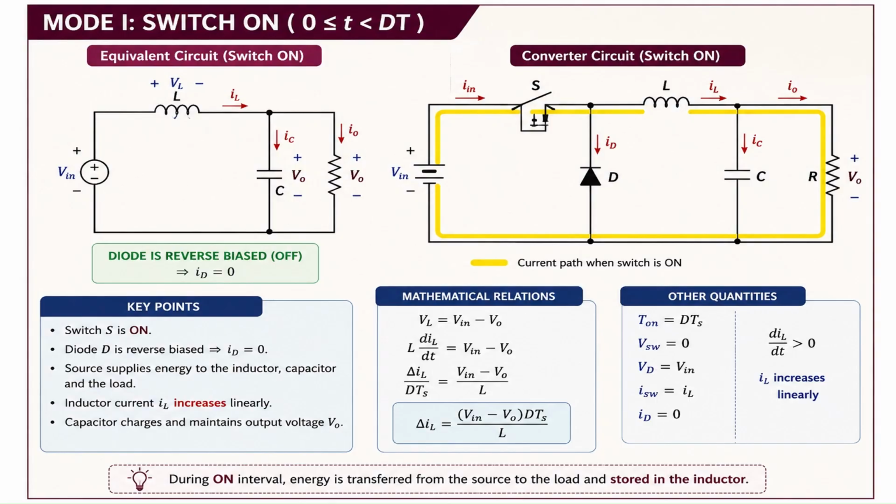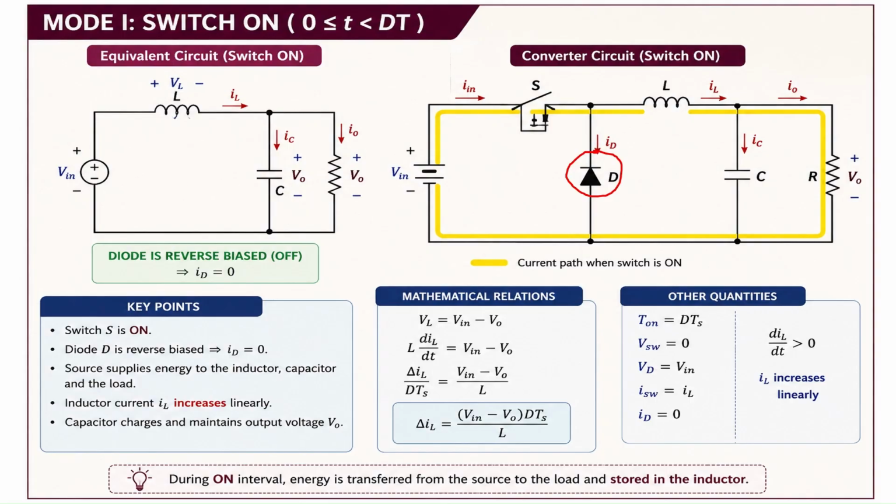The switch is closed, so it acts as a short circuit. The diode will be reverse biased, so it will not be significant in this circuit. So the source is directly connected to the inductor, then to the load and capacitor. This is the equivalent circuit during the turn on period, that is, from the interval 0 to dT.